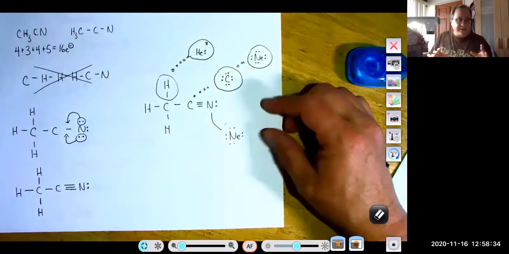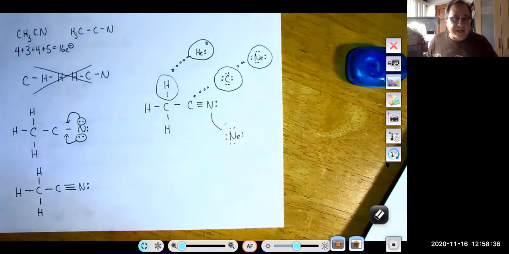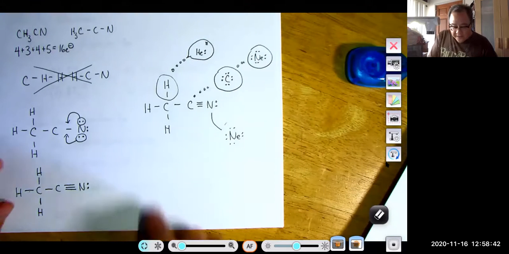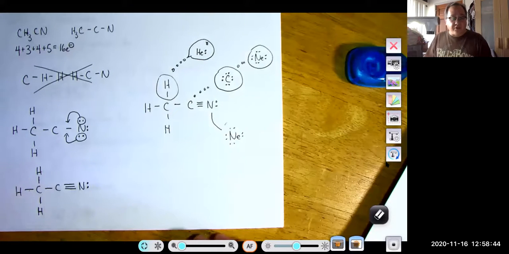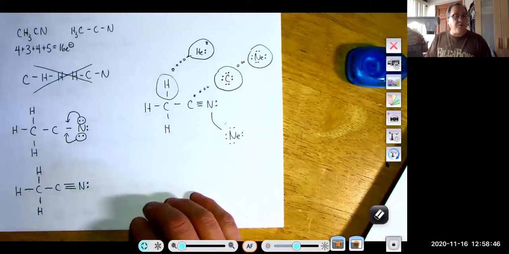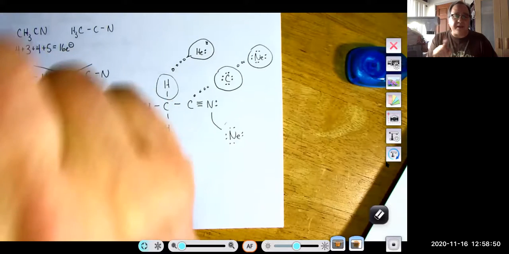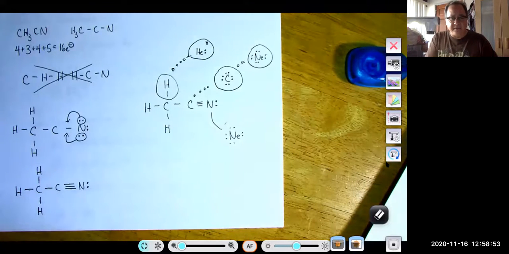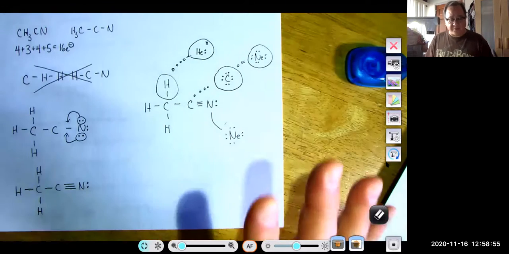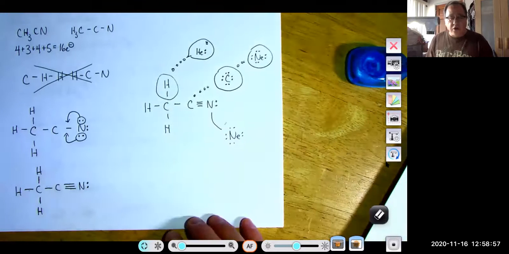So these Lewis structures are based on the idea that the atoms would like to have 8 valence electrons or 2 valence electrons because they look like a noble gas atom. And more importantly than looking like a noble gas atom is that they kind of behave like a noble gas atom. And what I mean by behave like a noble gas atom is noble gas atoms are unreactive.